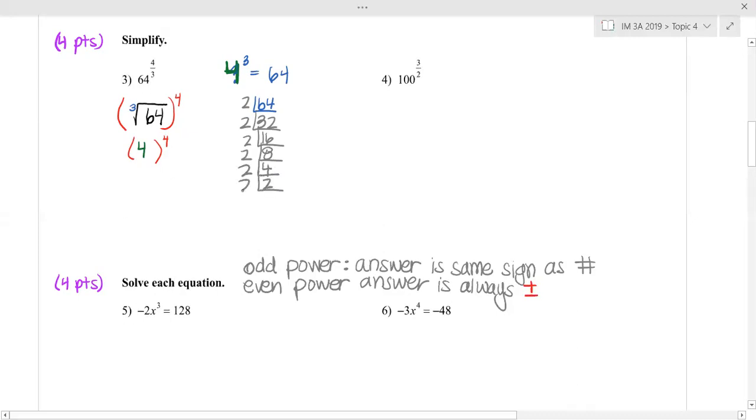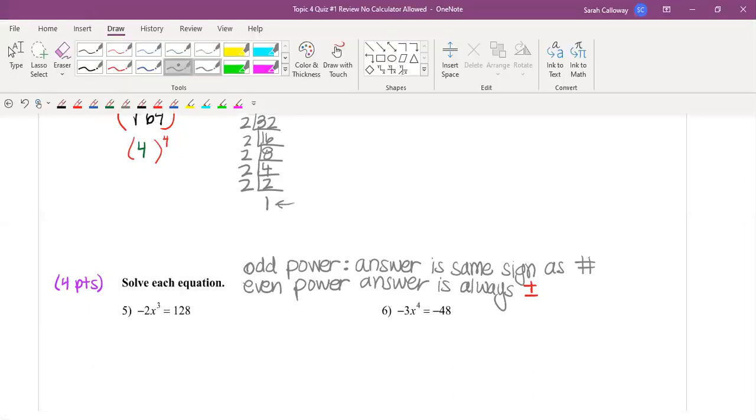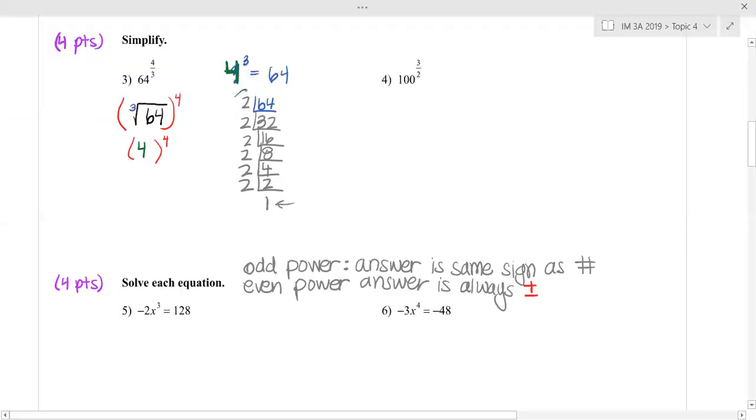And then 2 divided by 2 is 1. Remember that in this prime factorization, I know that I'm done when I get that value of 1 at the bottom. Notice that this is a cube root, so I'm looking for groups of 3. That gives me one group of three 2s times another group of three 2s, which is another way that I could get a 4 as the cube root of 64.